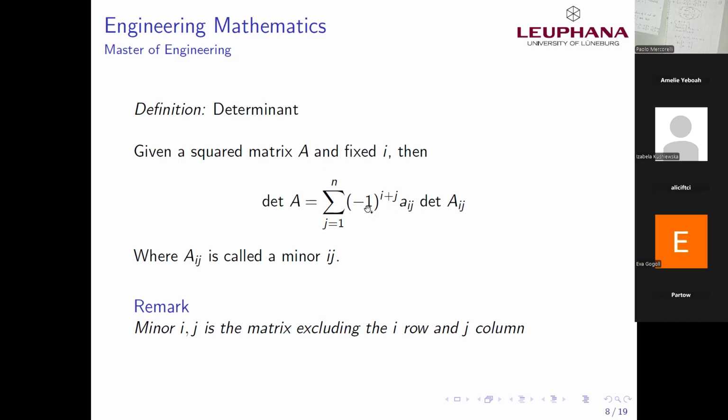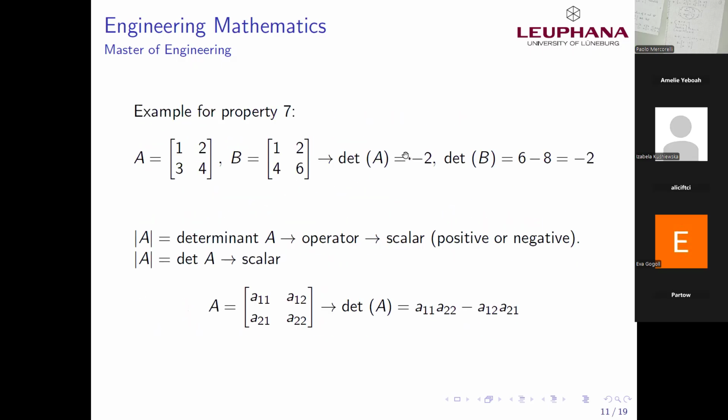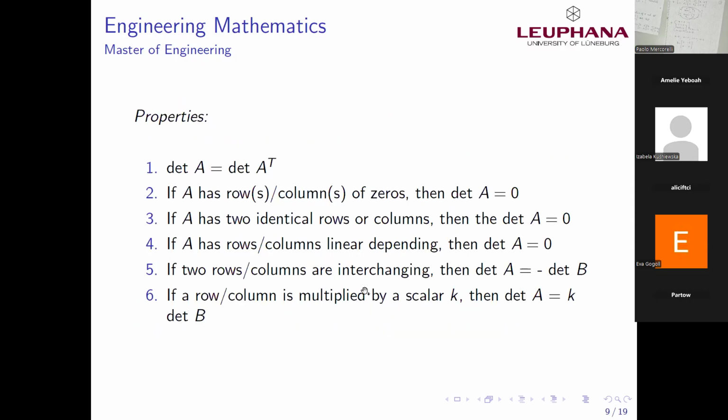I characterizes the row, j is the column. Fixed i means in our case, for instance, I fix the first row. I can also fix the second, but fixing the first is easier. I fix i equal 1.